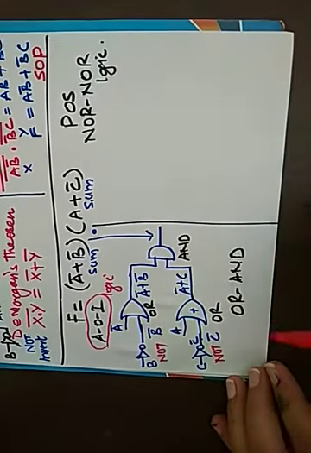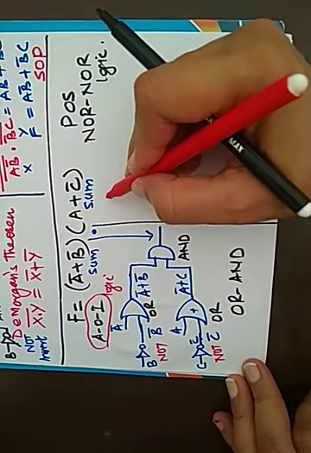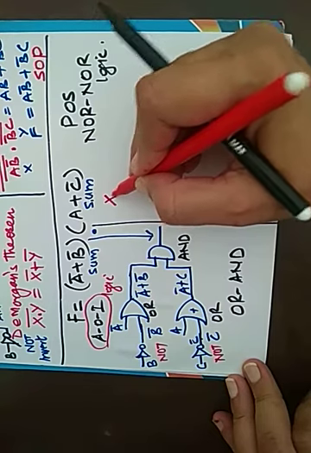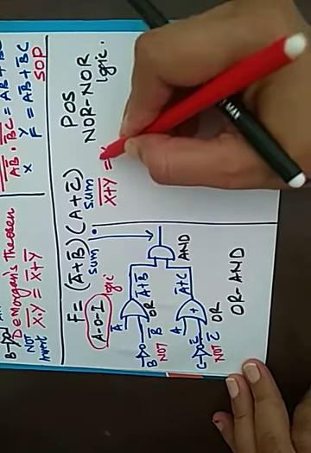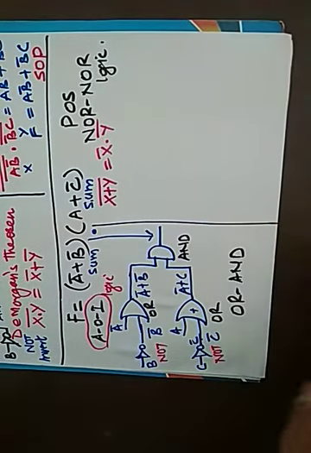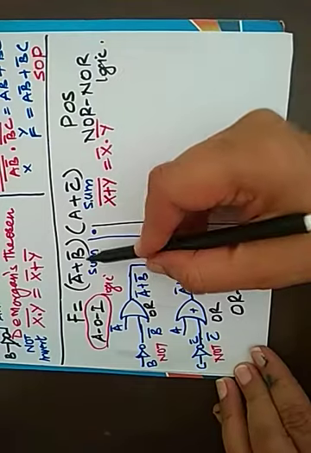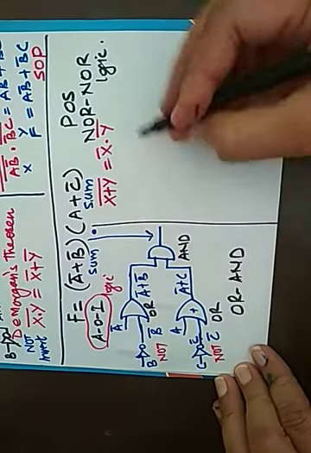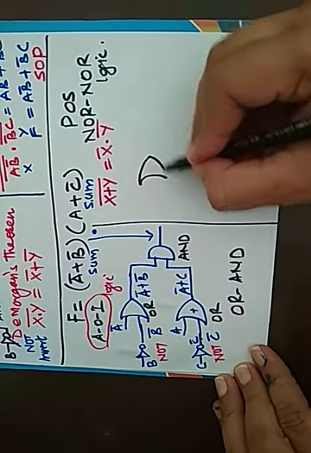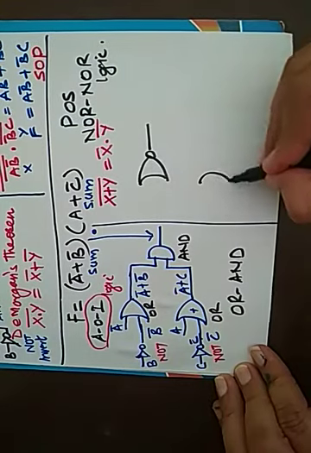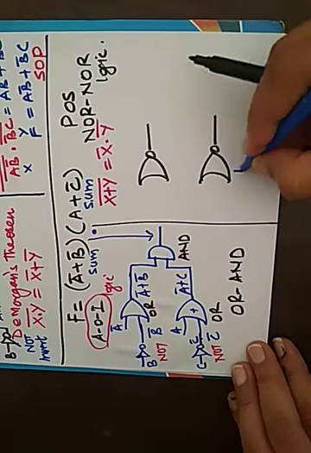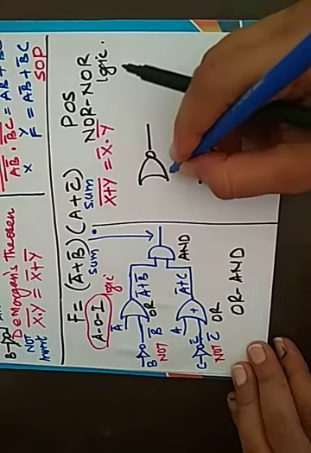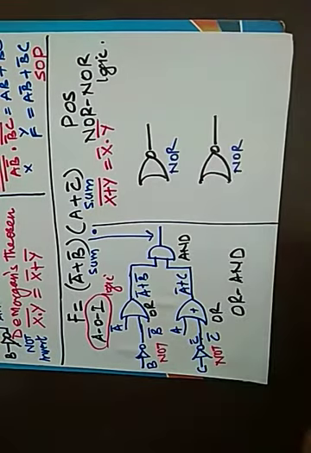Now to implement with the NOR logic, remember the second De Morgan theorem, which stated that x plus y whole bar is equal to x bar dot y bar. Keeping this at the back of our mind, since there are two sum terms, there would be two NOR gates. Please remember, this is a NOR, and this is also a NOR.